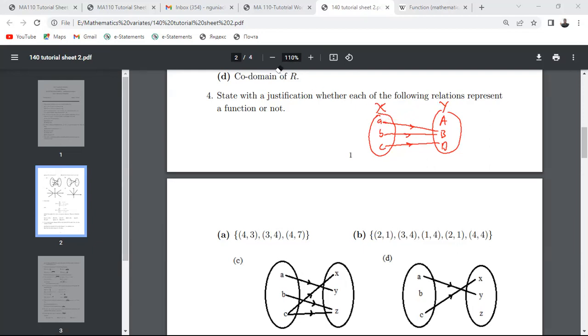It's supposed to be like this. Okay, so we can have something like this. Then we can have maybe, let's say, G.